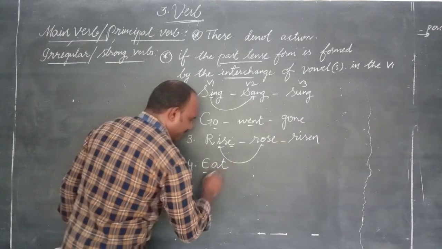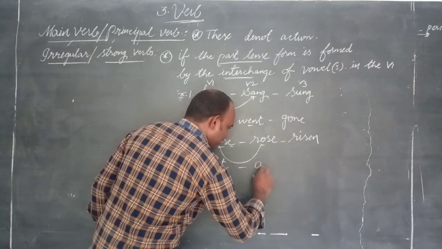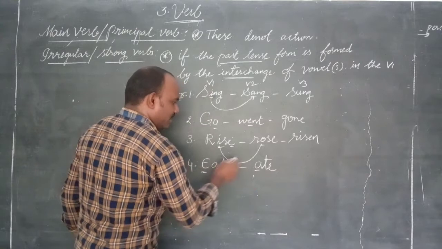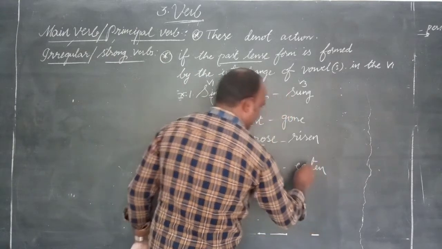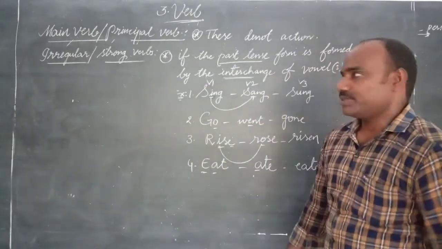E-A-T, eat. The past tense form is ate, A-T, of course. E is replaced by A. And the past participle is eaten. I think we have understood.